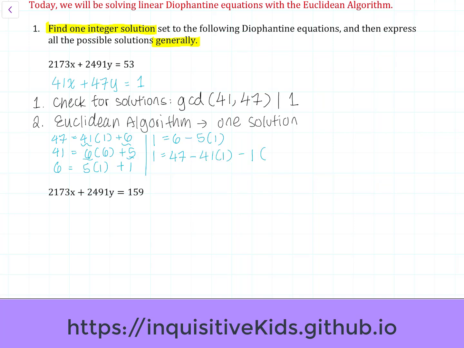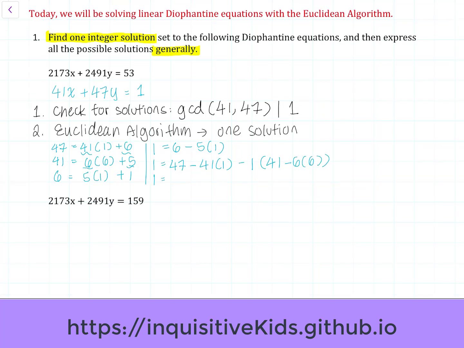And we can replace 5 with 41 minus 6 times 6. In the end, we will have the solution. 1 is equal to 41 times negative 8 plus 47 times 7. So this would be one solution set to the problem.